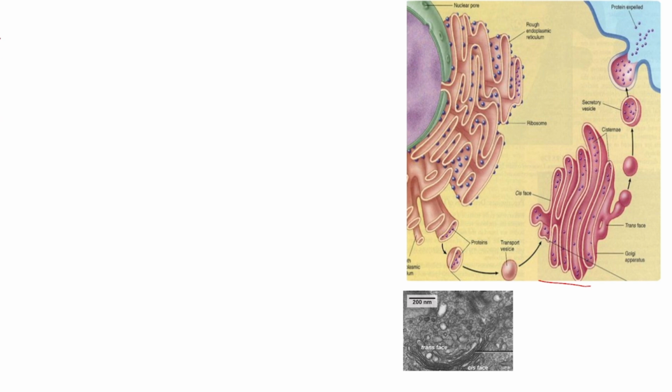The structure contains 3 types of structures. One is called the cisternae, one is called the tubule, and another is called the vesicle. So what is the cisternae, what is the tubule, what is the vesicle?